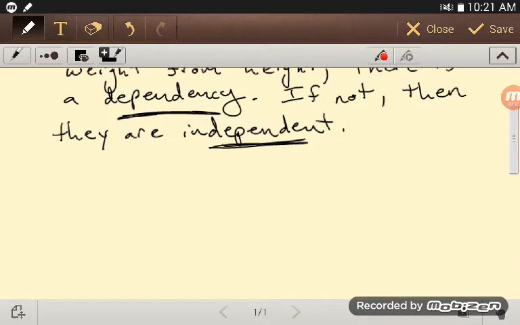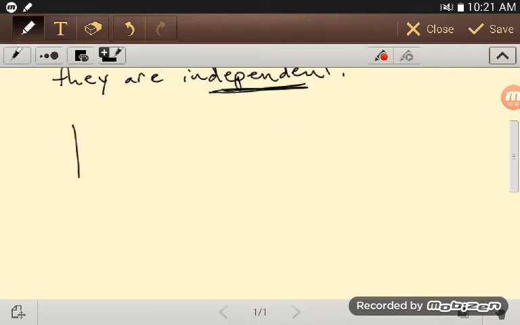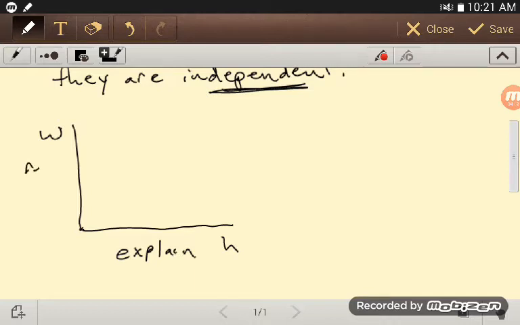So let's just take something like this, and we're saying, can I predict weight from height? In other words, does height explain weight? And so this is our response. You give me a height, I will respond with a predicted weight.